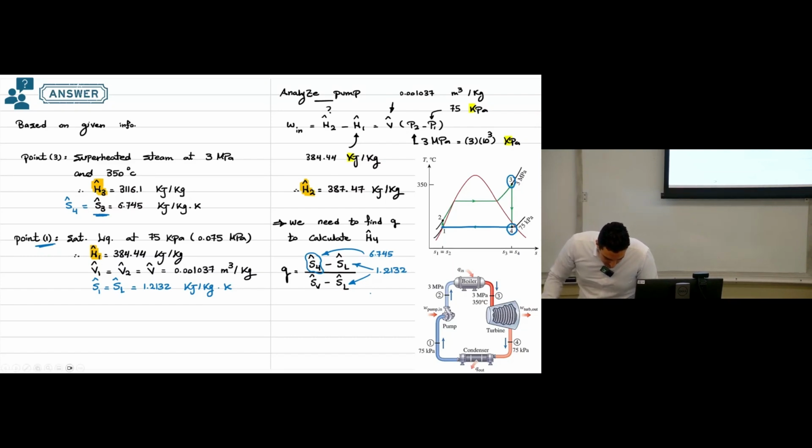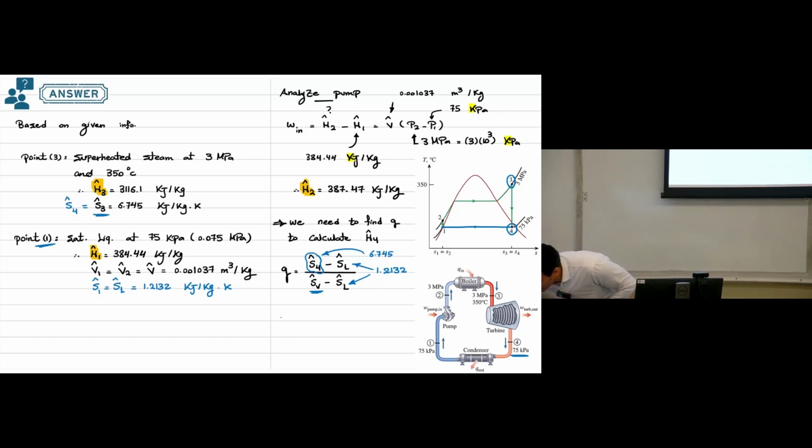So what is missing is SV. This one will be the entropy of saturated vapor at the condenser pressure. So what is the condenser pressure? The condenser pressure is 75 kilopascal.